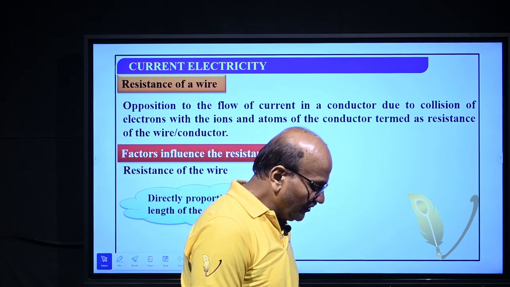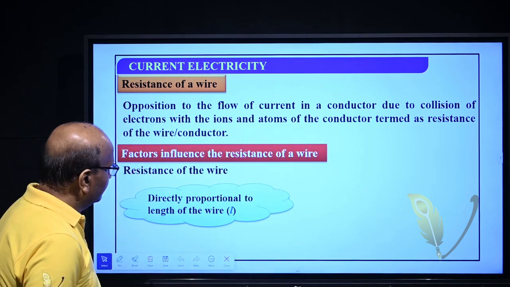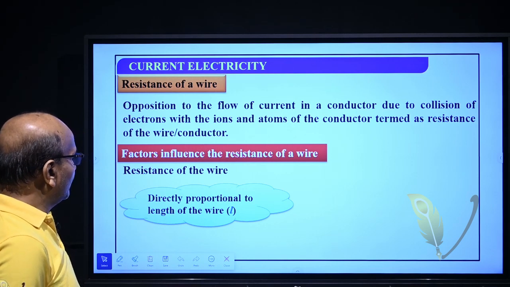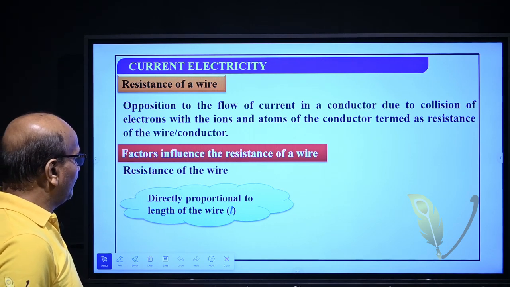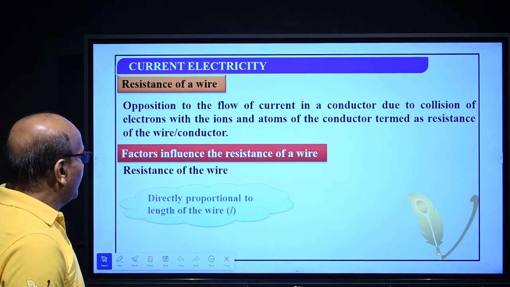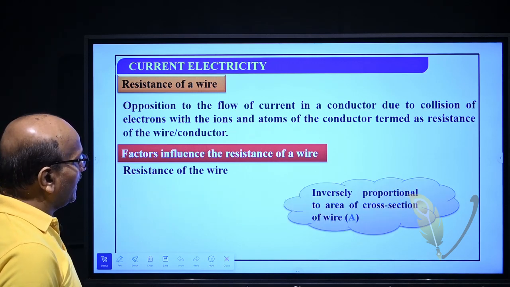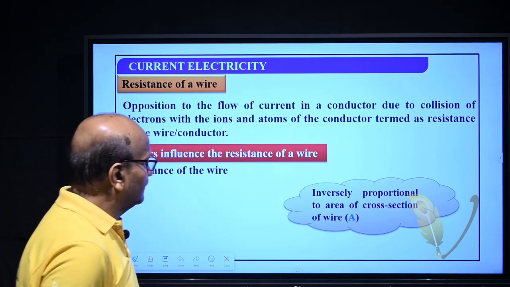So, for a conductor, suppose L is the length, then the resistance of the conductor or wire is directly proportional to length and inversely proportional to the area of cross section of the conductor.